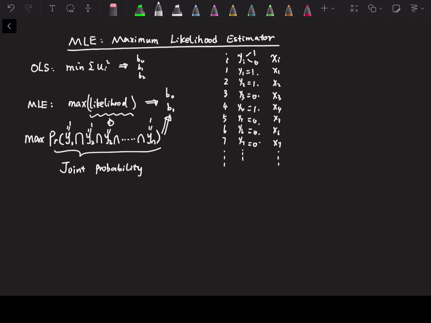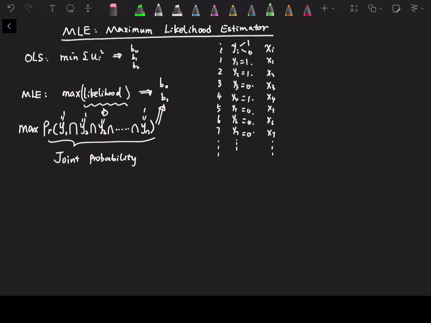Normally we use simple random sampling to get all the observations. That means the observations are independent of each other, or we call it IID, independently and identically distributed. So the values of Y are independent of each other. Let's focus on this joint probability.